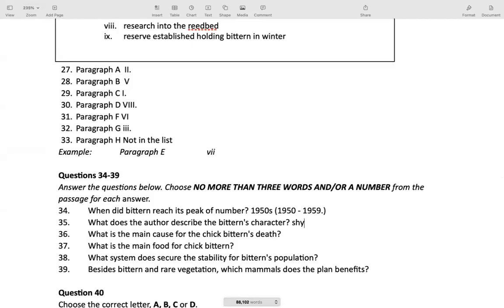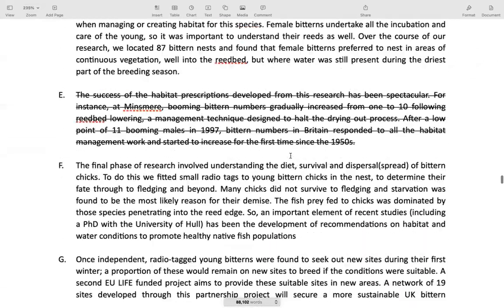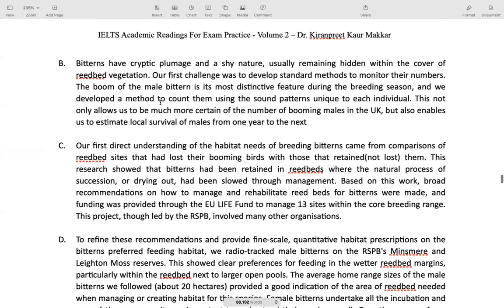Okay, so we'll do this word also today. He said cryptic plumage. Does anyone know what plumage is? It's a word related to birds. I'll tell you that much.